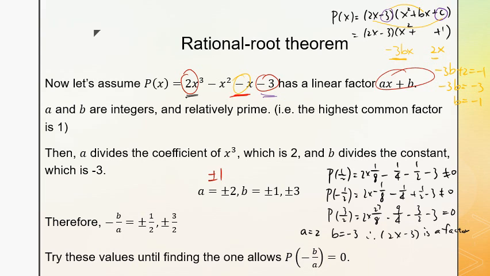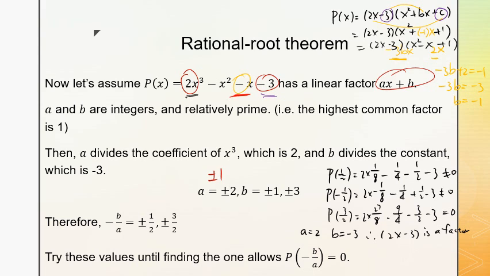Therefore, the factorized form for polynomial function p(x) can be written as 2x minus 3 times x squared plus negative 1x, or if you want to simplify it, 2x minus 3 times x squared minus x plus 1.